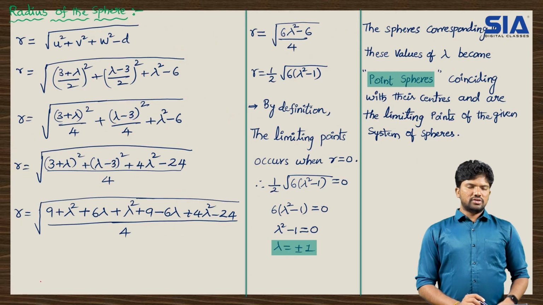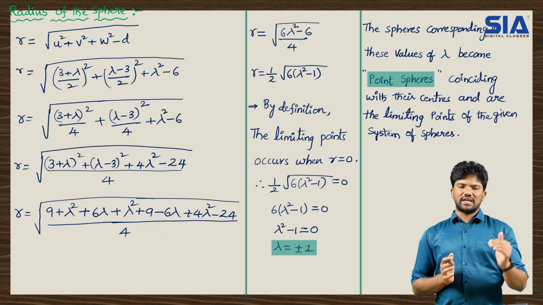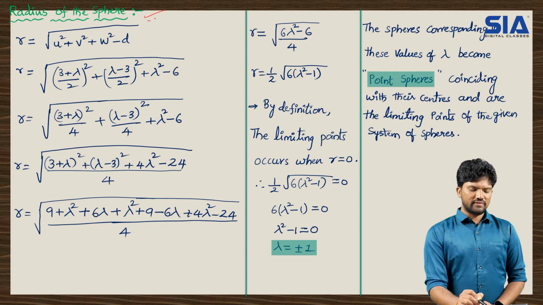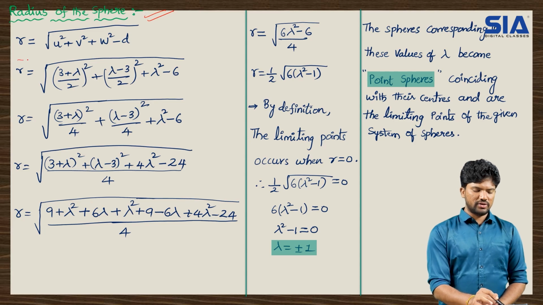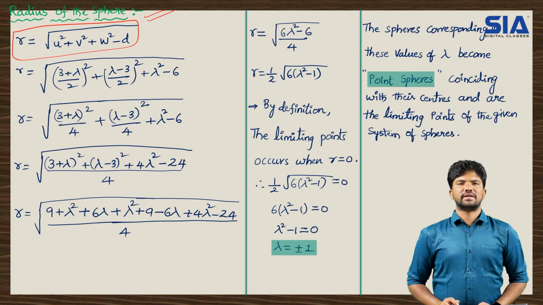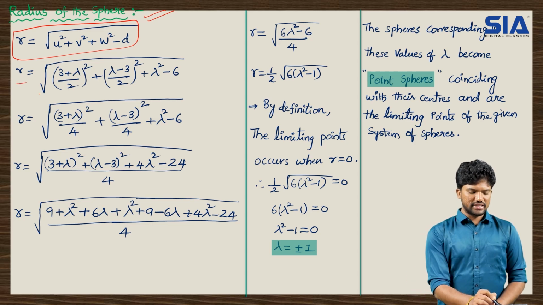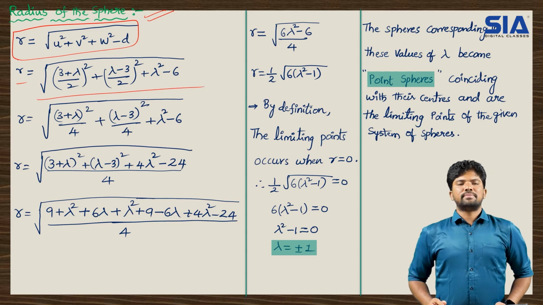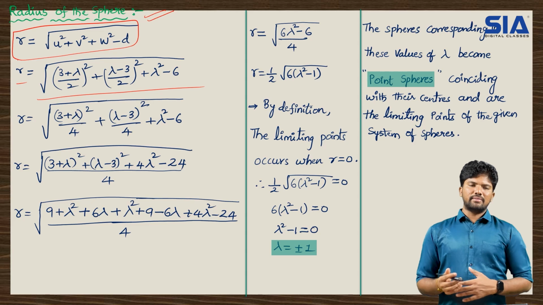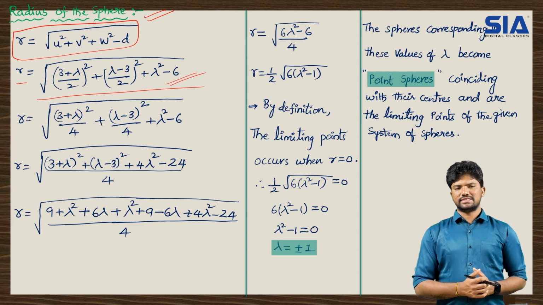Now, to find the limiting points, we have to show that the radius of the required sphere is equal to 0. Radius of the sphere, you know very well the formula, small r is equal to under root of u square plus v square plus w square minus d. So r is equal to under root of ((3 plus lambda) by 2) whole square plus ((lambda minus 3) by 2) whole square plus lambda square minus 6.